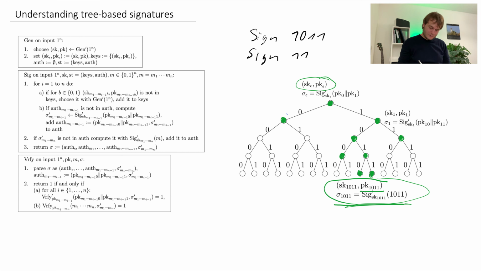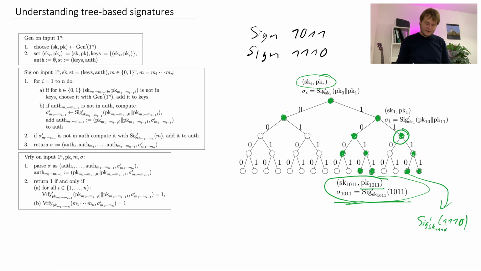So then let's say we sign an additional message afterwards, let's say 1110. So which nodes will have to be generated new now? Right, so the one node for which we want to generate the signature. The key for this needs to be generated, and then also its parent, and all of the children of the parent.